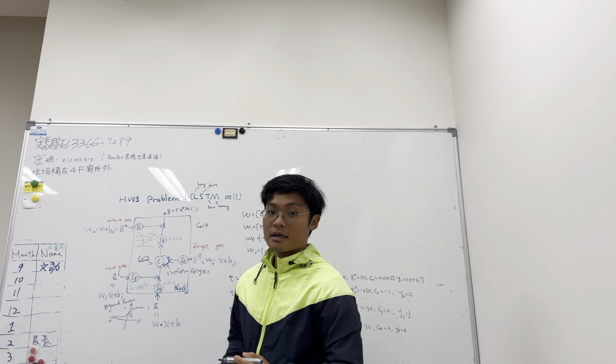The input gate has another input Zi, which passes through a sigmoid function, 1 over 1 plus exponential minus Z. If the input of this sigmoid function is really big, like 100, the sigmoid approaches 1. If the input is really small, like minus 100, the sigmoid approaches 0.